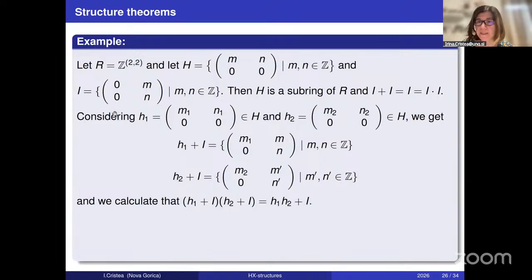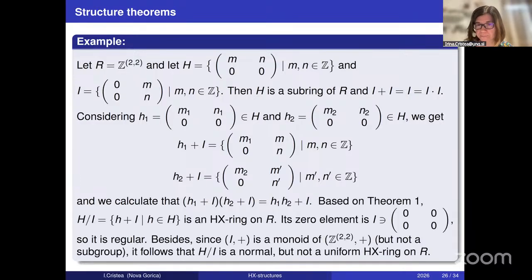H is a subring and I plus I is equal with I, so it's an idempotent. And now if I consider two elements and calculate H1 plus I times H2 plus I, I will get that it is indeed H1, H2 plus I.